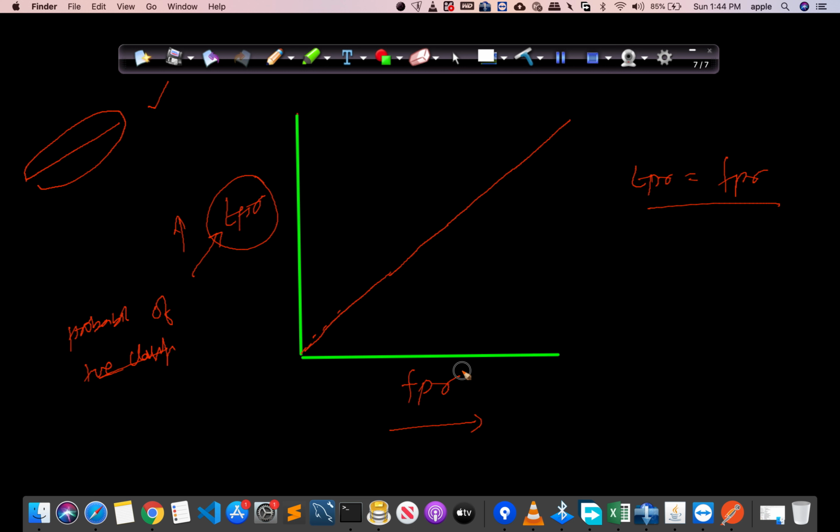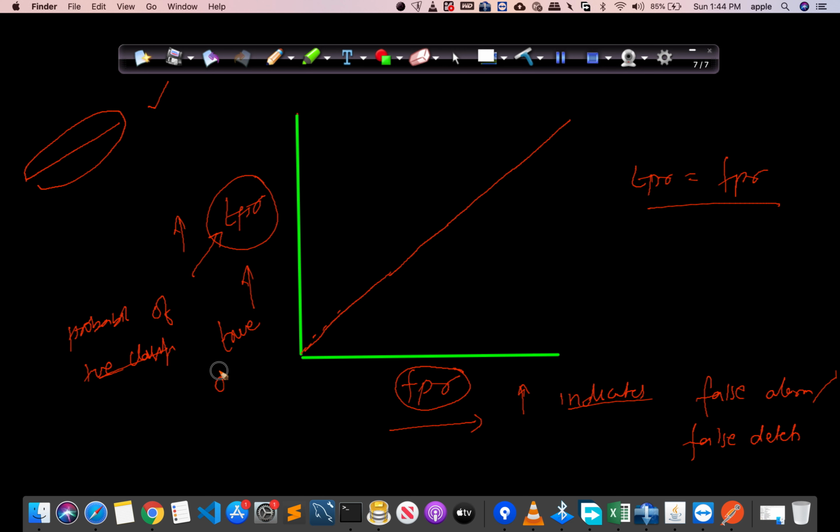So this indicates false alarms, or false detection, and this gives the true detection, whether we are able to detect a defect in the item or not. Ideally we want this to be low, and this to be high.